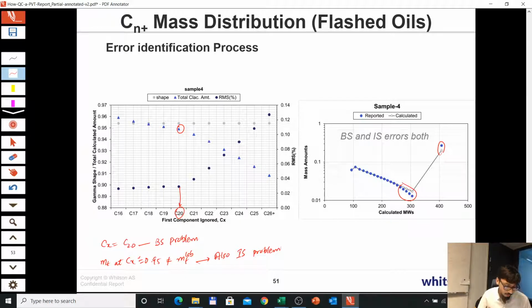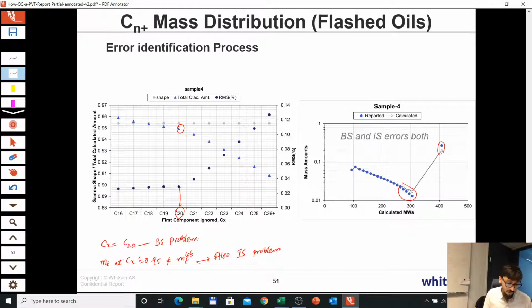Okay, and what this error identification process is giving us is information on what kind of error there is in the gas chromatography data, and also from which component the problem actually starts. Okay, and as I mentioned earlier, samples 2, 3, and 4 were synthetically created, and when we created those samples, we introduced those errors exactly starting from these components.